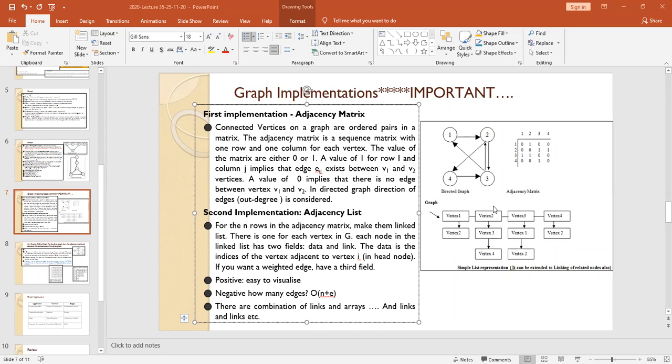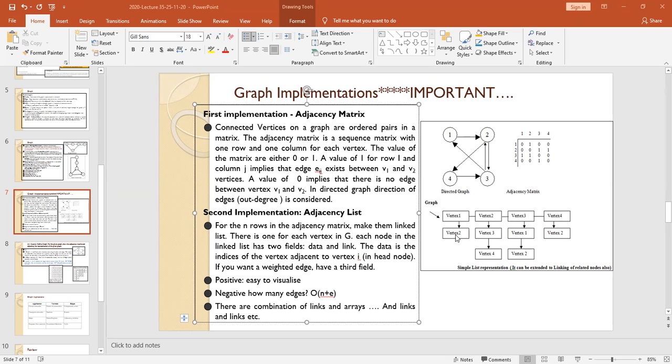So vertex 2 is having a link to, first you are having for 3. So from vertex 2, there is a path to vertex 3. So you can see here also, from 1 you are having the link to 2. So first you have to write all the vertices in linked manner. It is one line. So 1 is linked with 2, 2 is linked with 3, 3 is linked with 4.